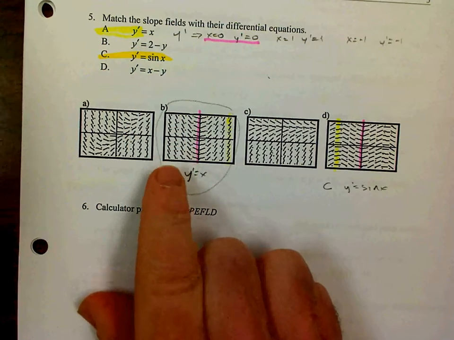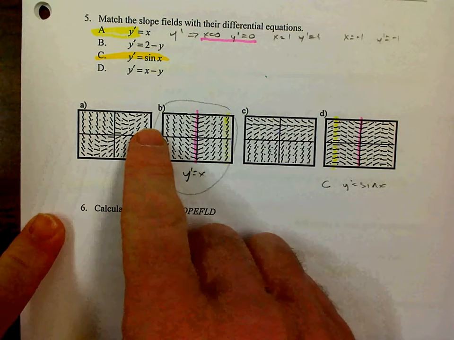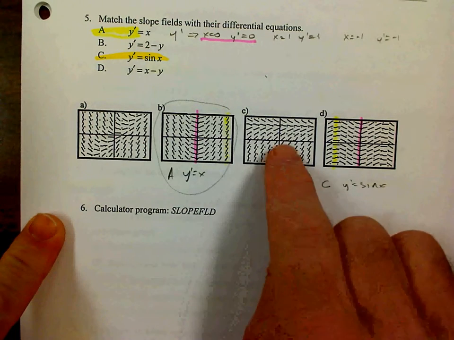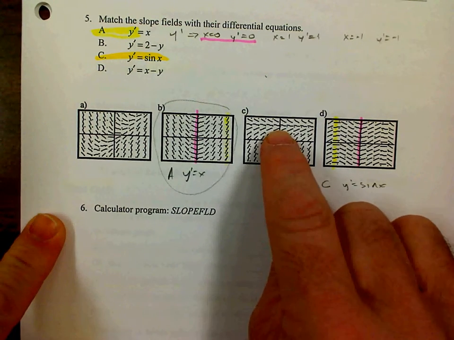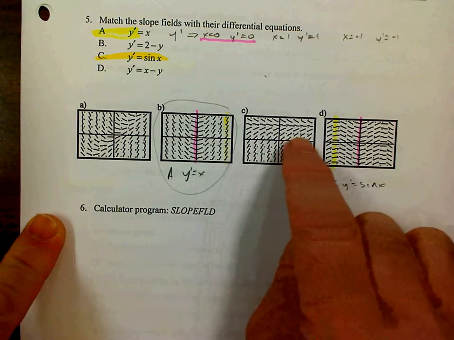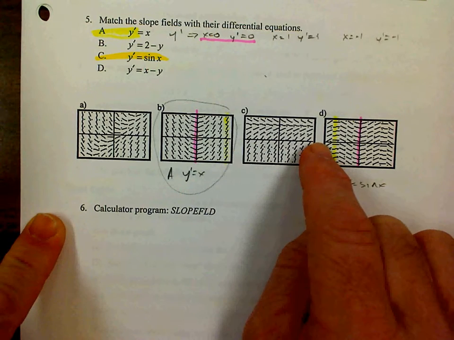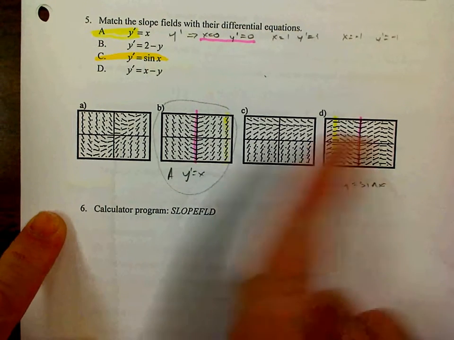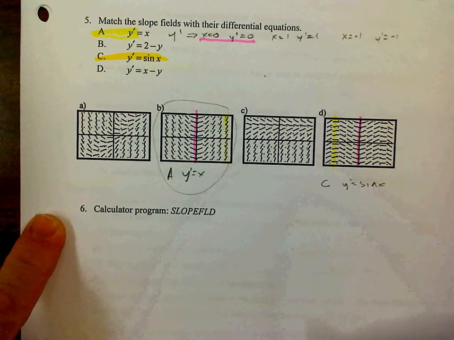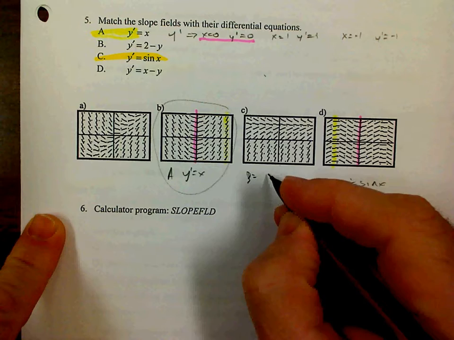And this one isn't so. But look at this. When I choose, say, y equals 2, all of these have the same slope. y equals 1, all have the same slope. y equals 0, all have the same slope. So just by a process of elimination, we know for sure that equation B, y prime equals 2 minus y, is this graph here.